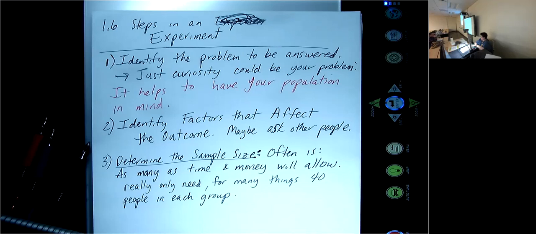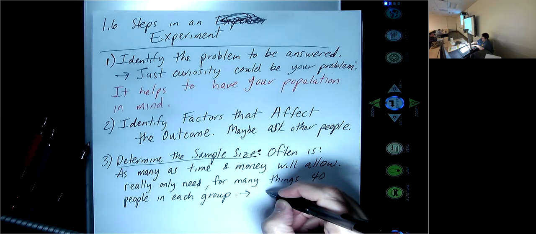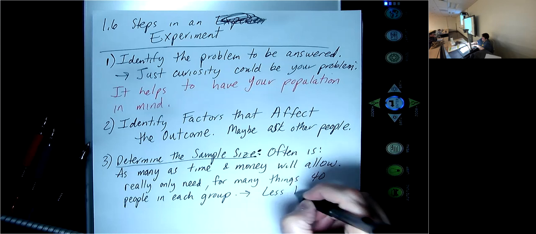You are more accurate with the more you ask, but you'll get a good idea if you've got 40 to 50 people. You'll see often we want less than 5% of the population.